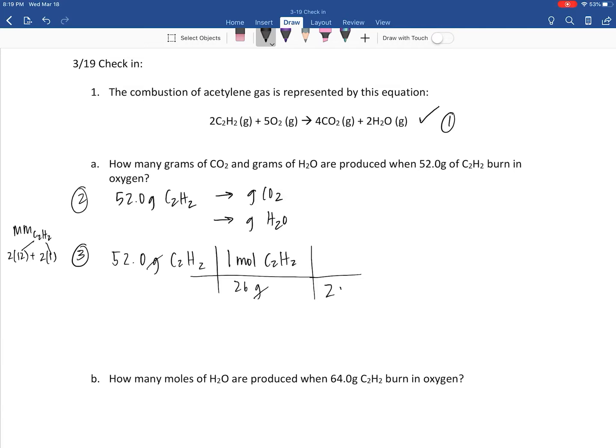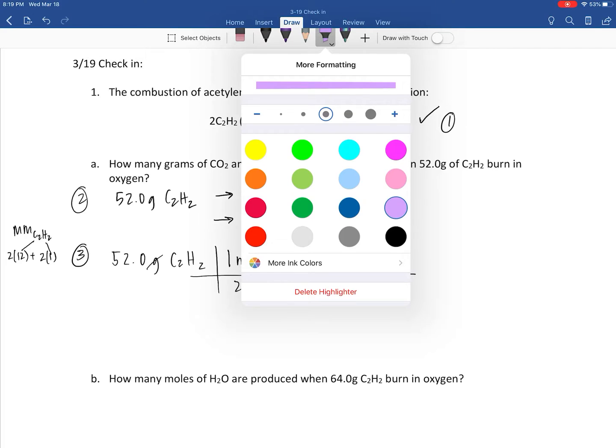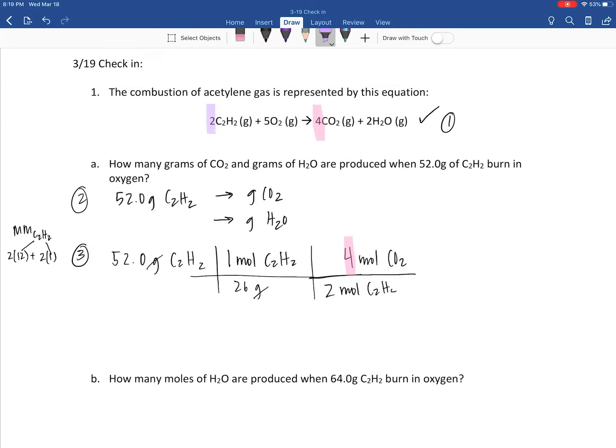So if I look at my equation, I know that 2 moles of C2H2 yields 4 moles of CO2. And if you look, that 4 comes from here, and let me pick a different color, purple. The 2 comes from here. So that's where those values come from.